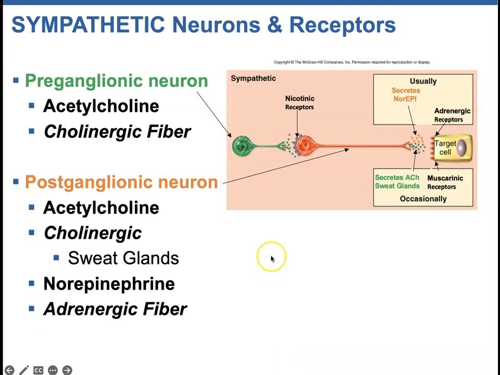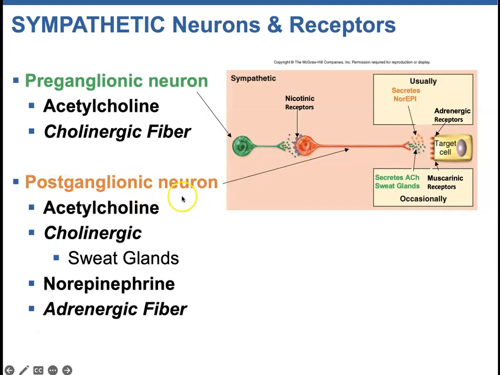With your sympathetic neurons and receptors, the preganglionic neuron, which I made green here because it's green on the diagram, is what we call a cholinergic fiber, because it secretes acetylcholine onto cholinergic receptors.